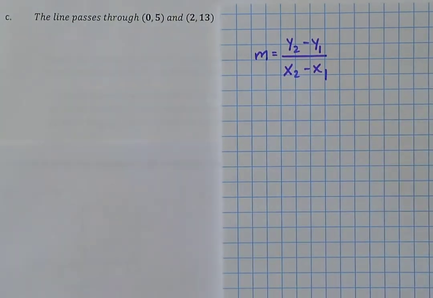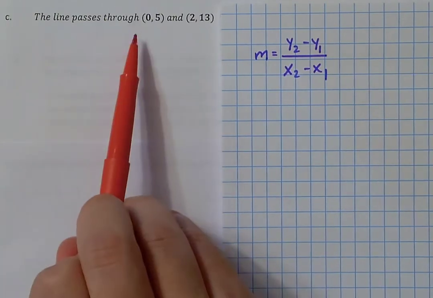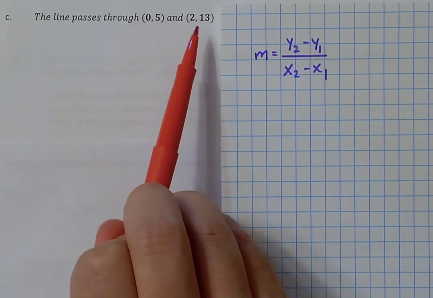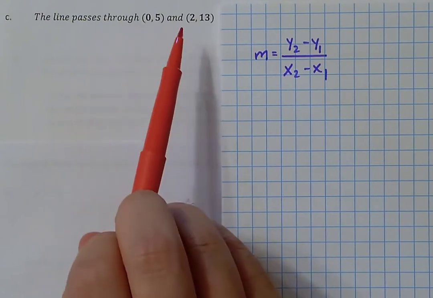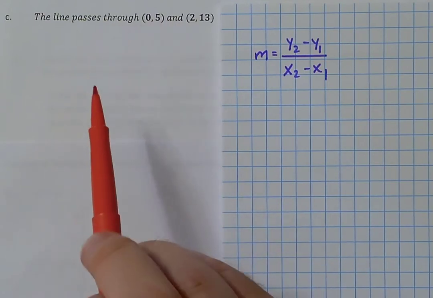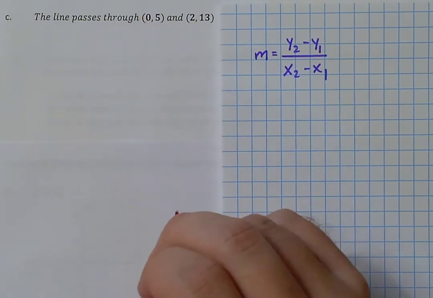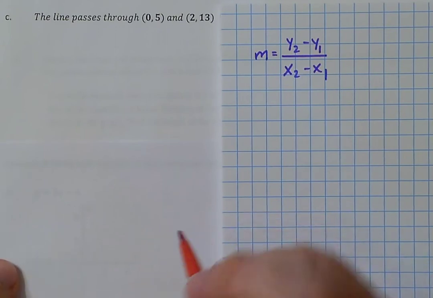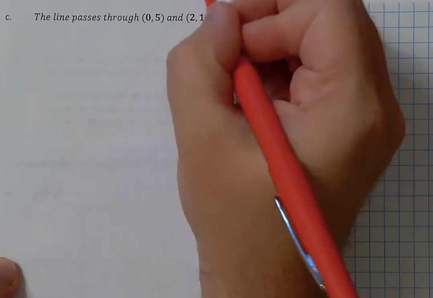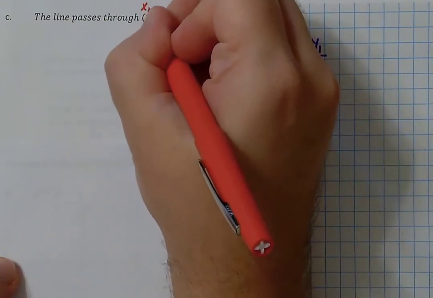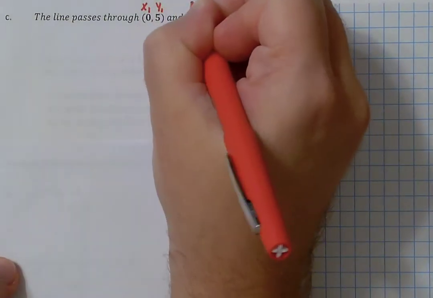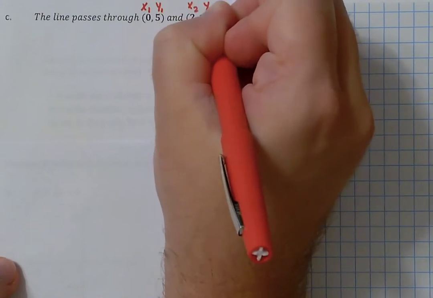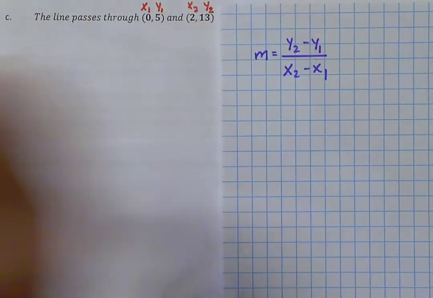So first thing is they tell us the line passes through 0, 5 and 2, 13. So they don't tell me my slope, they don't tell me my y-intercept, so we need to go through and identify our slope first, then we can identify our y-intercept. So we're going to call this my x1, y1, and then my x2, y2.